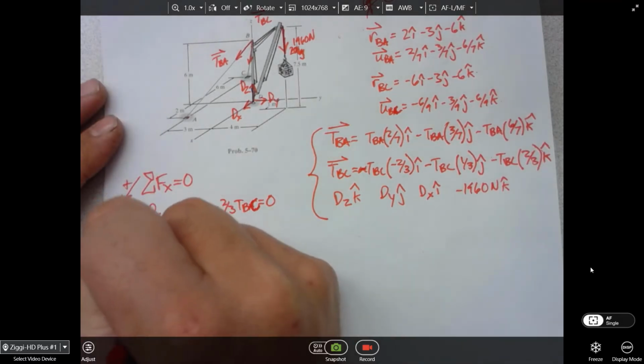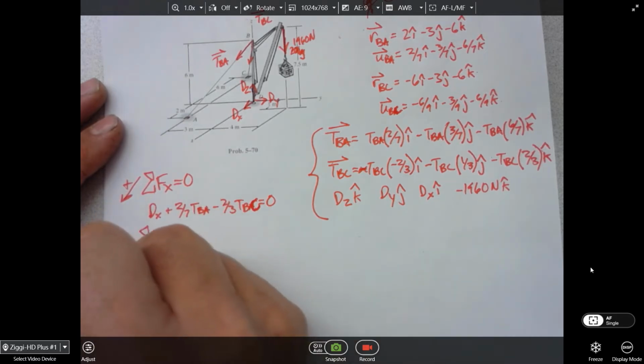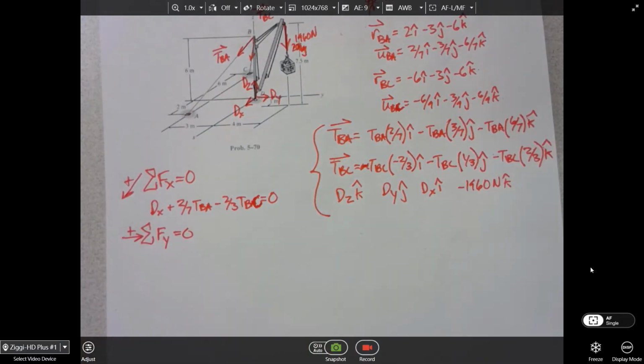How about you do sum of the forces in the y direction then? Anybody come up with a value?